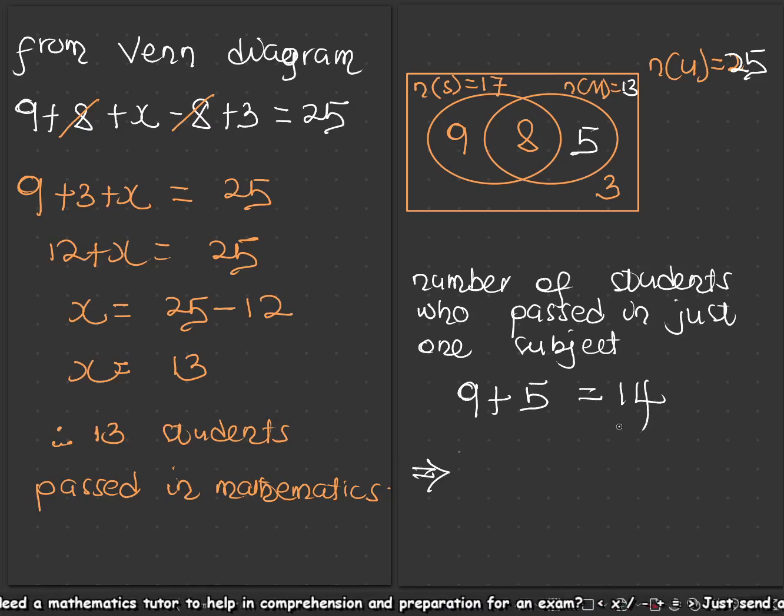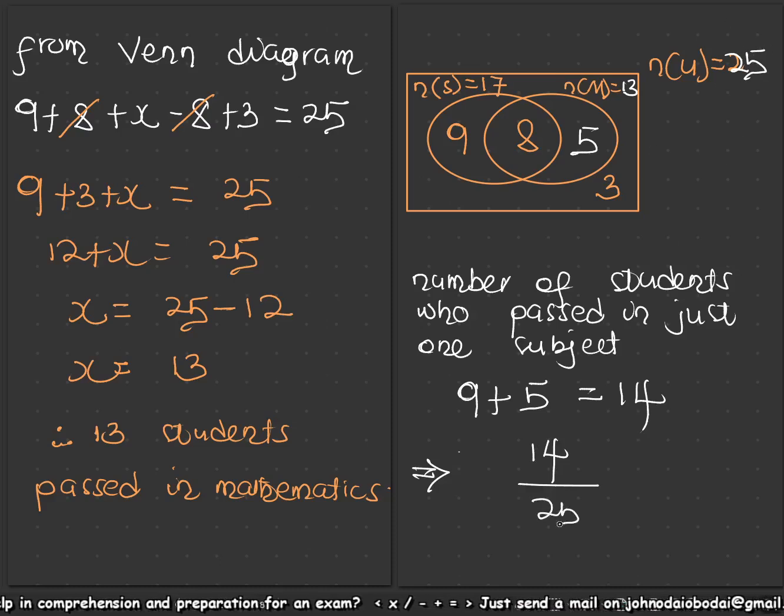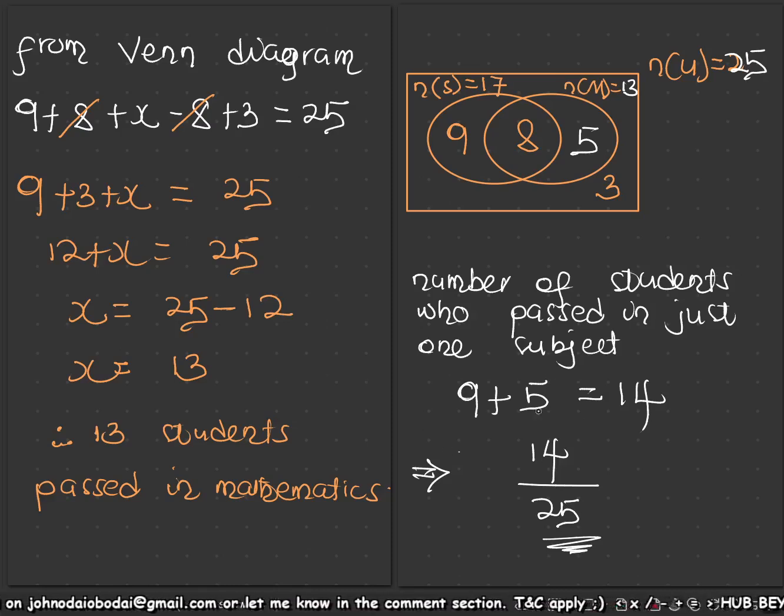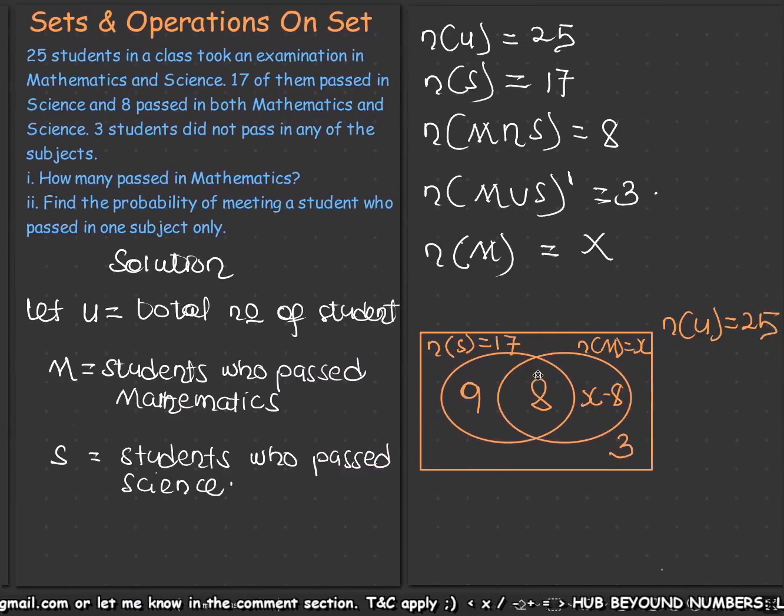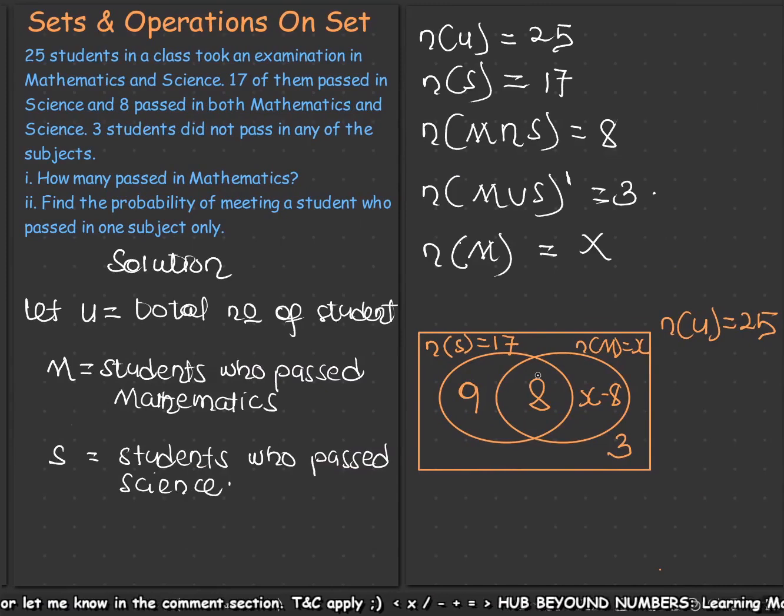The number of students who have passed in just one subject, which is 14, over 25. So out of the 25 students, if you want to meet someone who has passed in just one subject, the number of students is 14. And hence that probability is 14 over 25. So that ends this particular session and it ends this question as well.